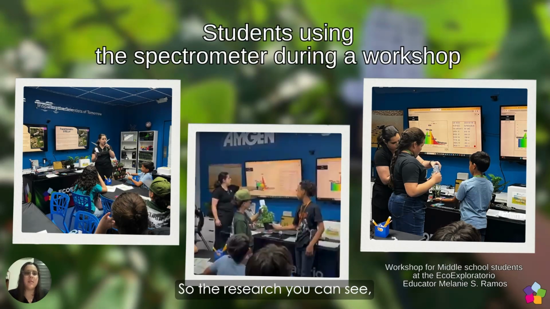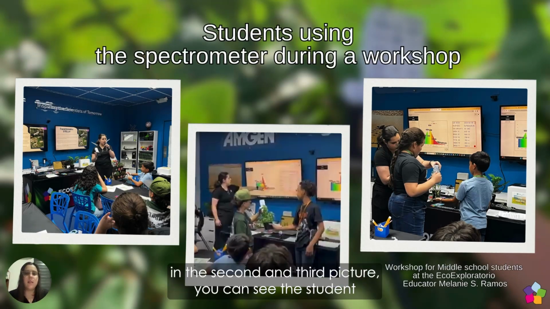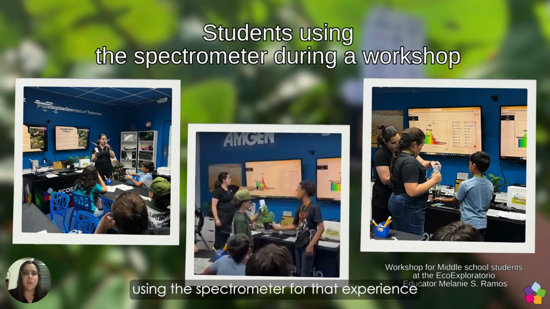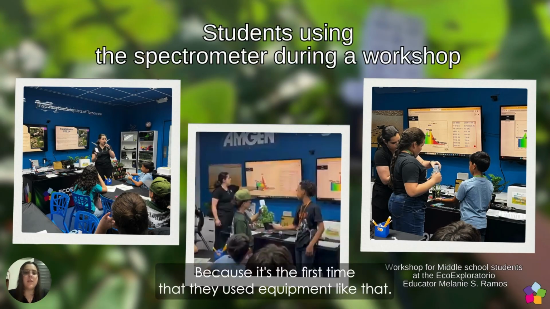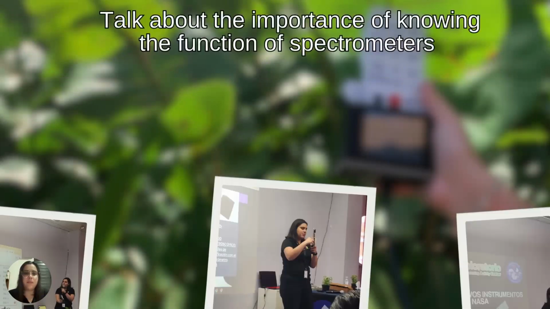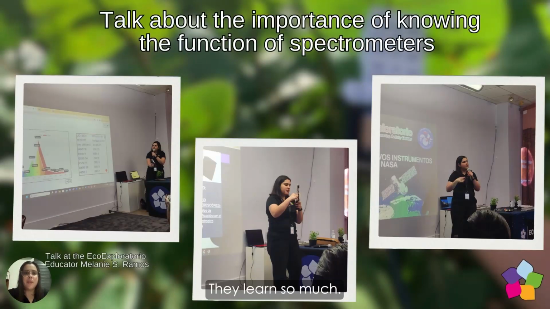In the pictures, you can see us giving the workshop to the middle school students, and in the second and third pictures, you can see the students using the spectrometer. That experience was very unique for them, because it's the first time they are using equipment like that, and they learned so much.